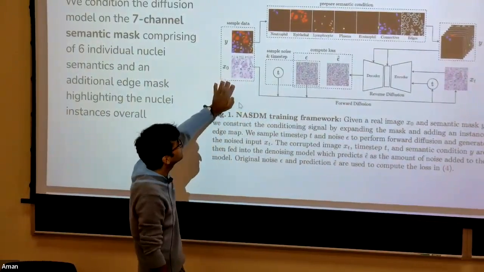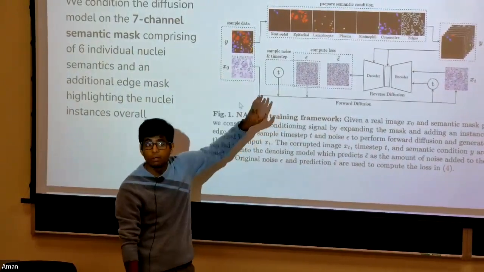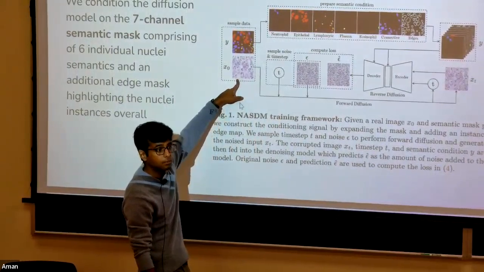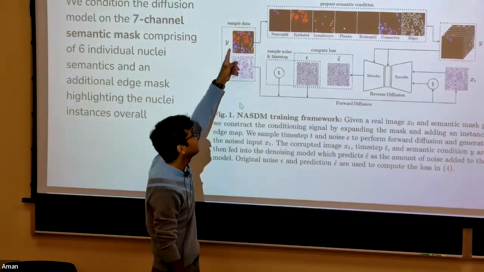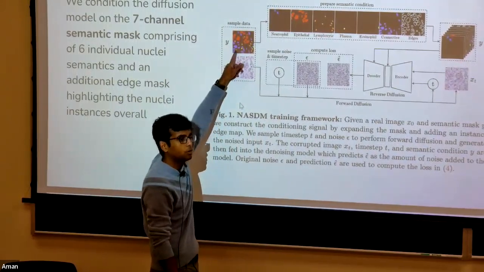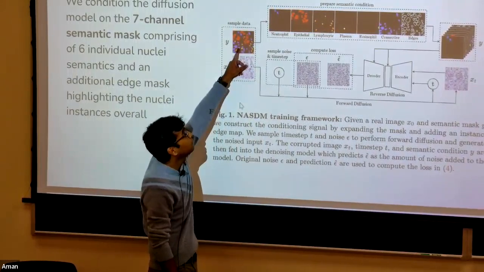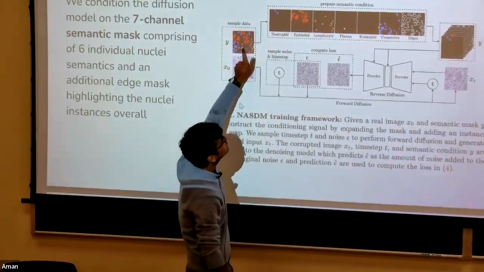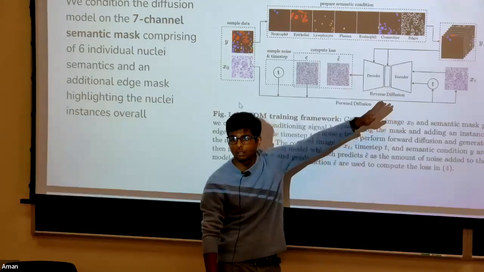So the first step is that you sample some data, right? You get an image from the data set, which is, let's say, an image X0, and you get a corresponding mask with the image. And this is already present in your data set because you're training on a paired image and conditional signal data set. So you already have the mask and the image, right? You then split the mask such that each channel has a different type of nuclei in it, right?